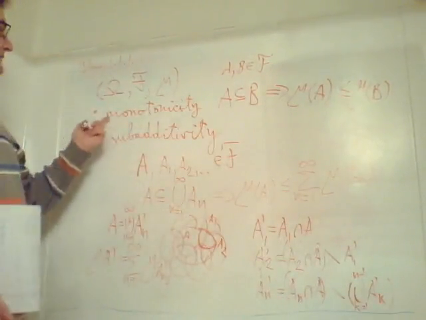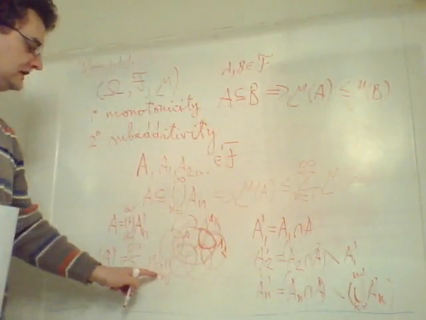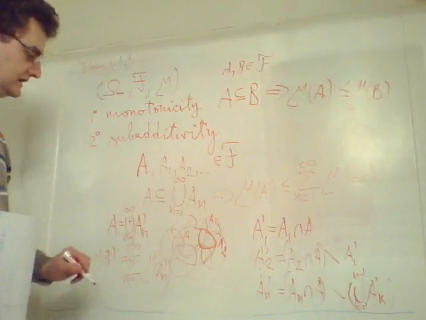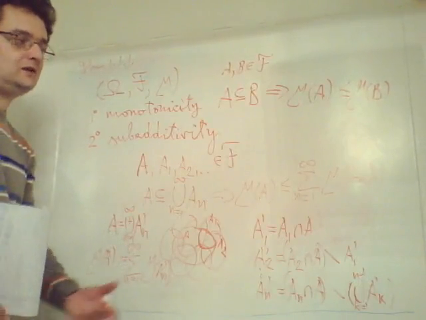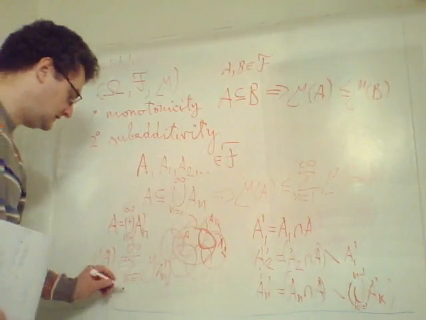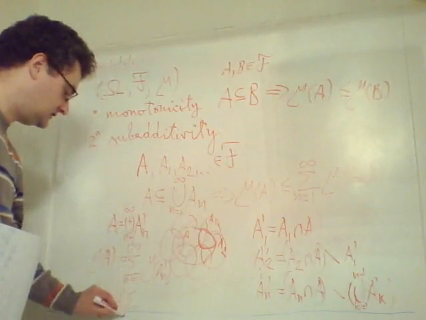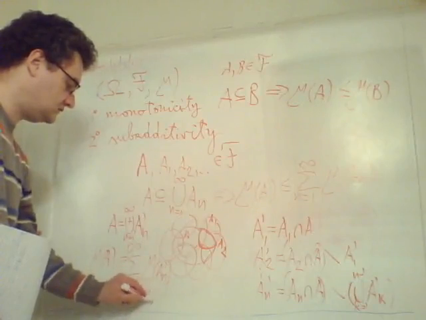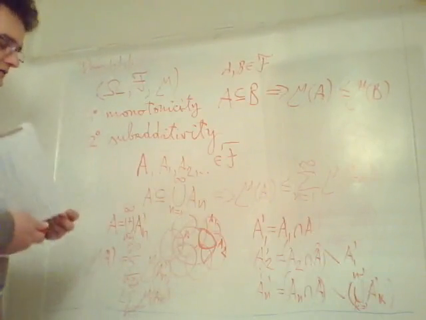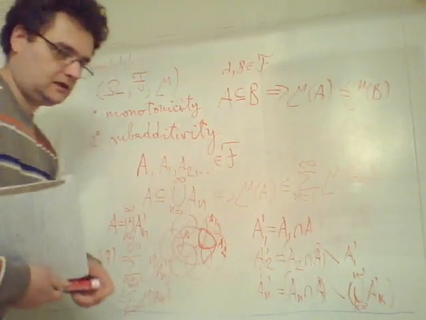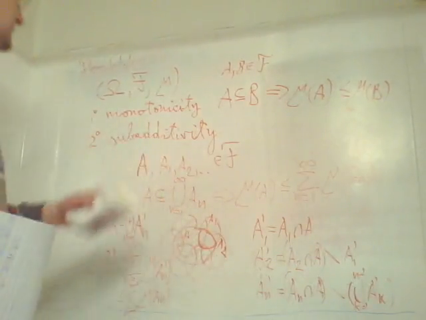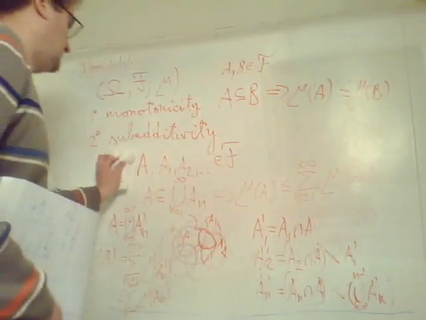So by the previous property, mu of AN prime is less than or equal to mu of AN, because AN prime is a subset of AN. This is true for every n, so mu of A is less than or equal to the series of mu of AN, and that shows this property.